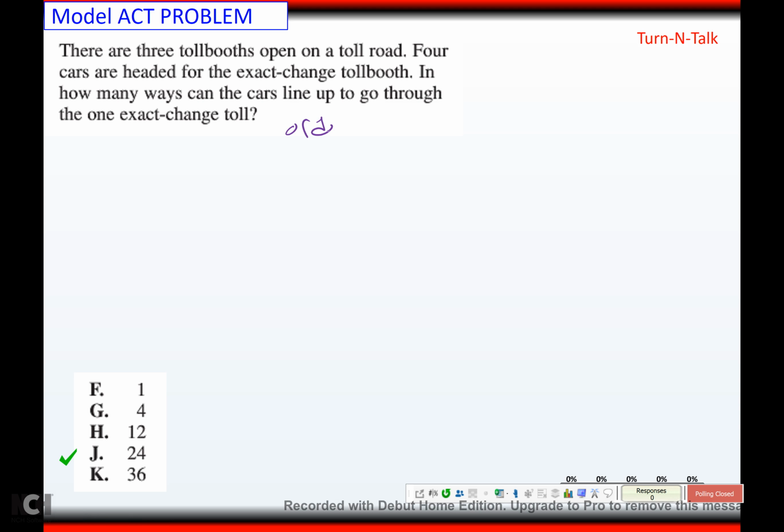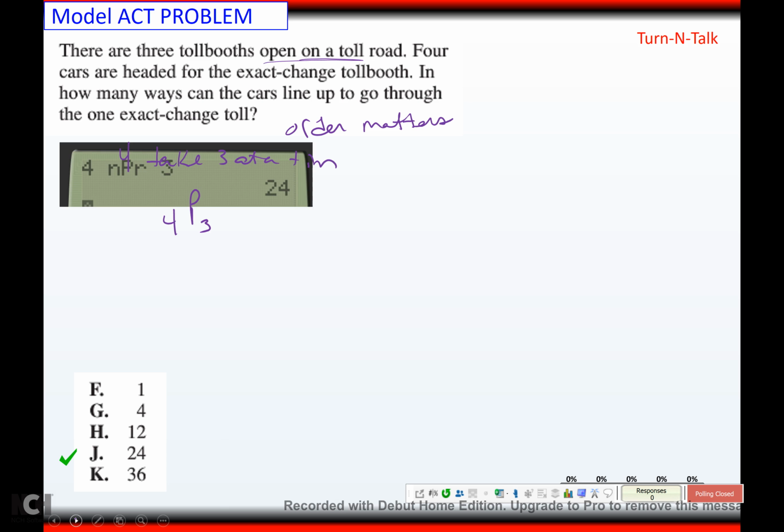This one, the order matters, because it does matter which toll you go through. There's only one that's exact change, so the order matters. So you have 4, and you're taking 3 at a time, and order matters, so we're doing a permutation, not a combination, and you get 24.